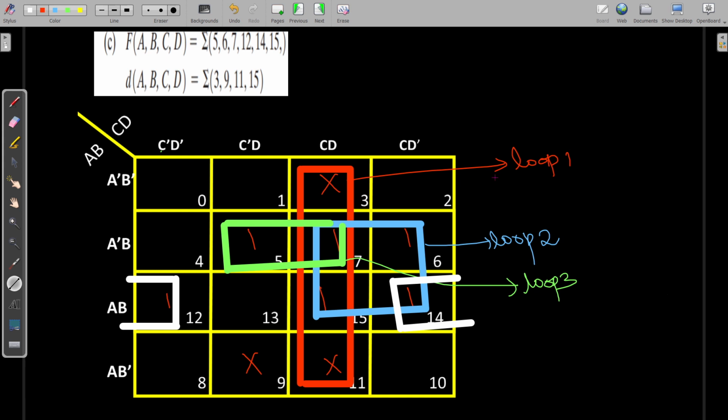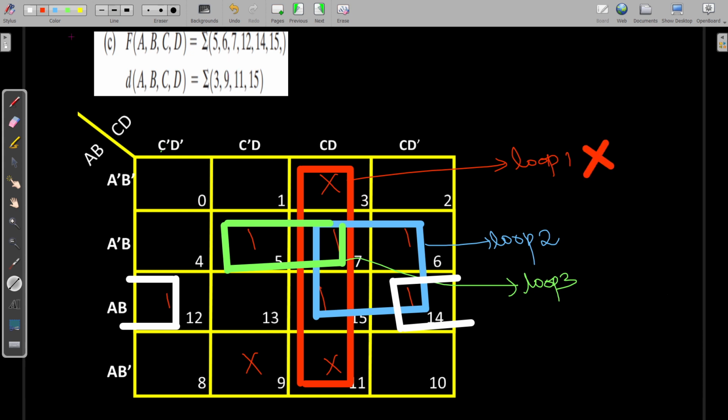So if you look at this loop 1, it consists of the don't cares from this 3rd cell and then 7th, 15th, and the 11th cell is also don't care. But the 7th and 15th are covered in loop 2 also. So in that case, loop 1 is not to be considered.